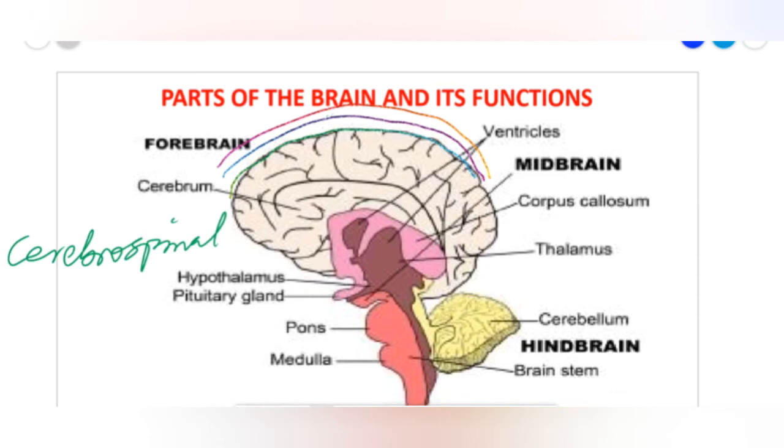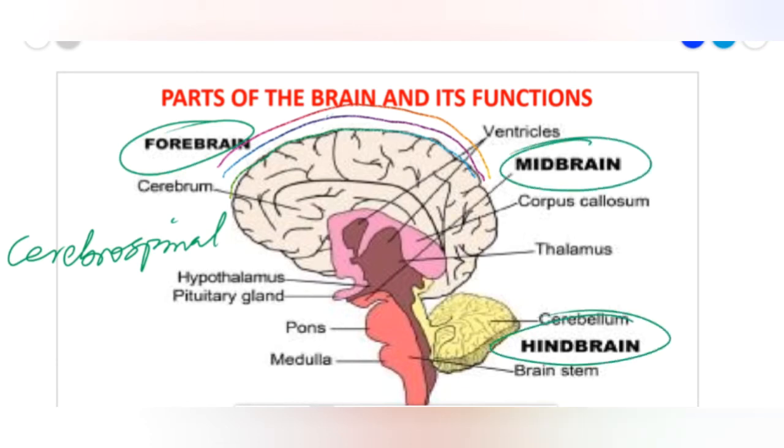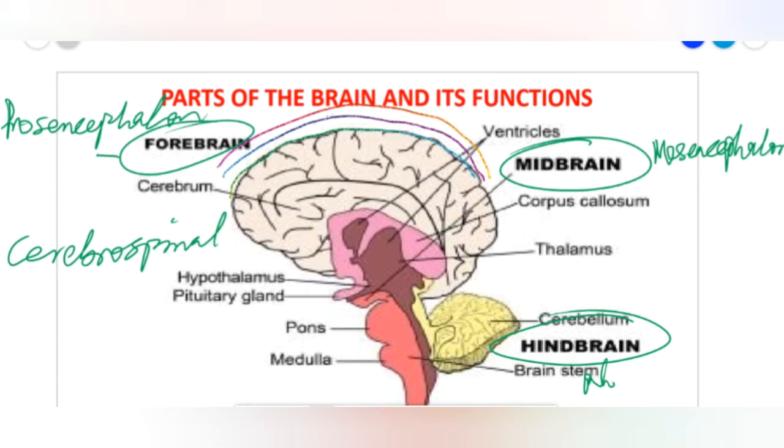Okay, now at times the brain might also be described based on the names of the structures they develop from during the embryo stage. Here we see the forebrain, the midbrain, and the hindbrain. The forebrain is described as prosencephalon, while the midbrain is described as the mesencephalon, and the hindbrain is described as the rhombencephalon.